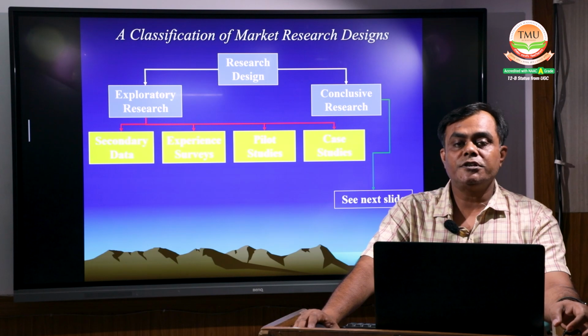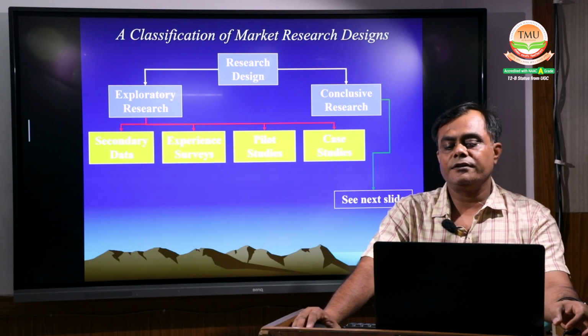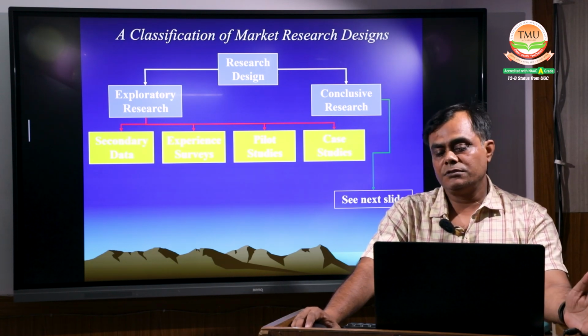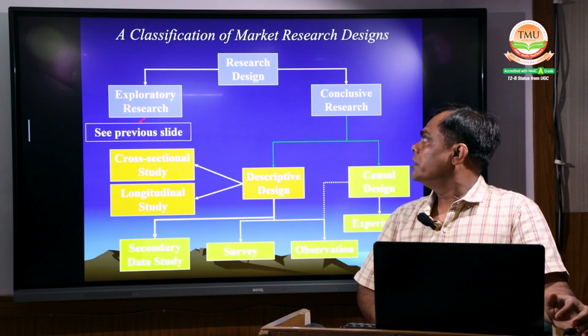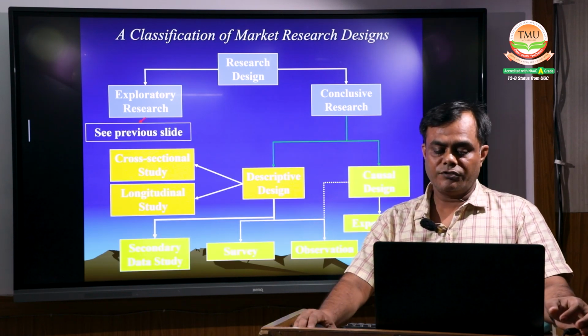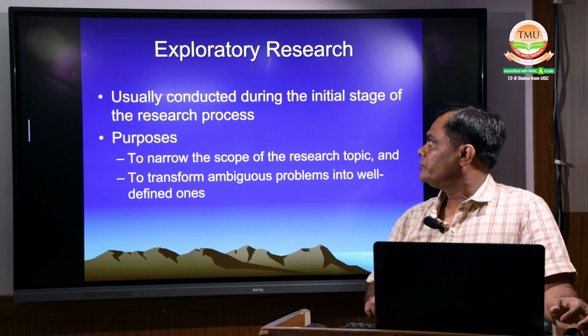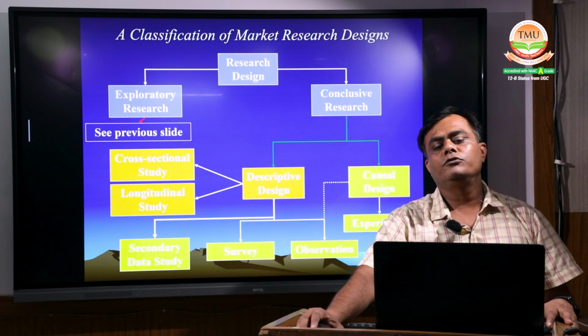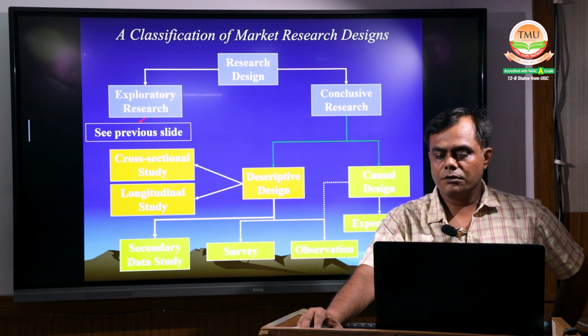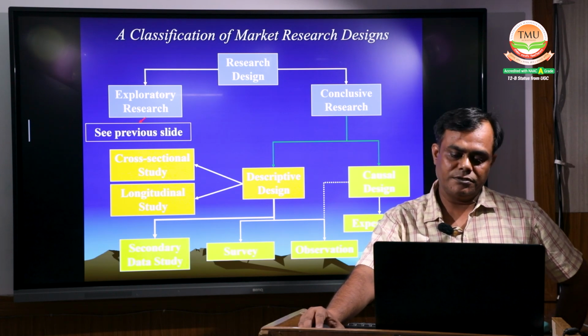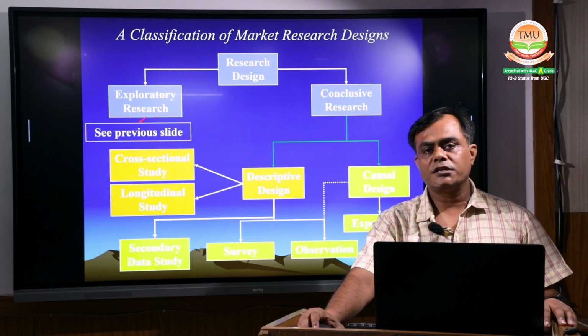In exploratory research we go through secondary data, the experience survey, the pilot survey or the case study survey, and in conclusive research there are the descriptive design, the causal design or the experimental design. So we first go through the exploratory.